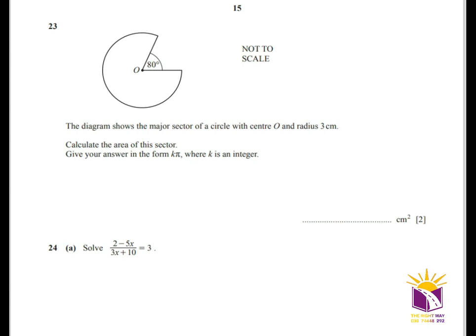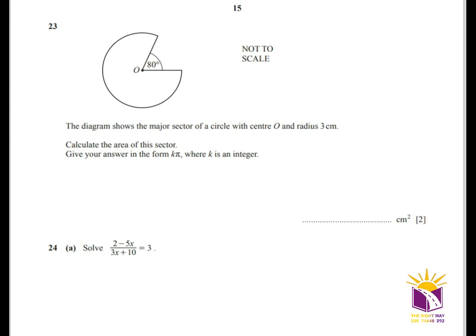Question number 23. The diagram shows the major sector of a circle with center O and radius 3 cm. Calculate the area of this sector. Give your answer in the form k pi, where k is an integer.